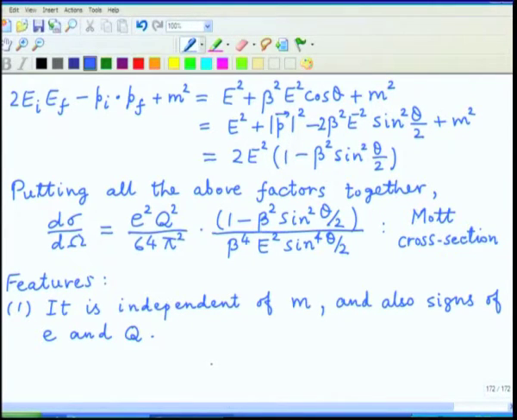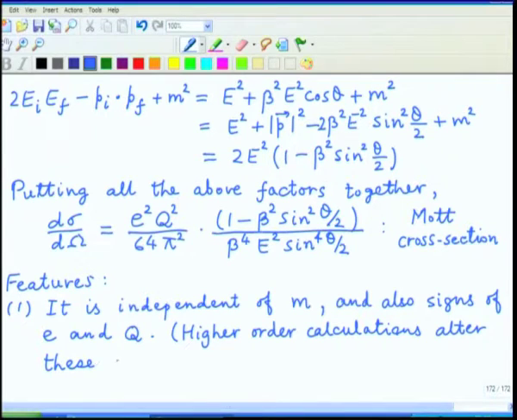only in this leading order calculation. In higher order calculations they end up changing it, but in the lowest order, this is a kind of peculiar feature which shows up.